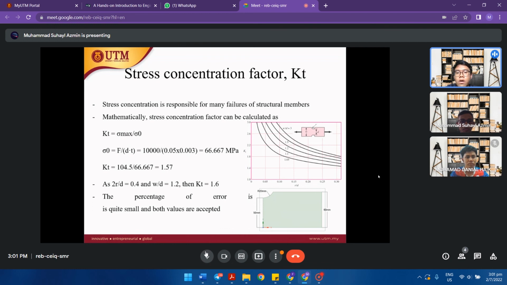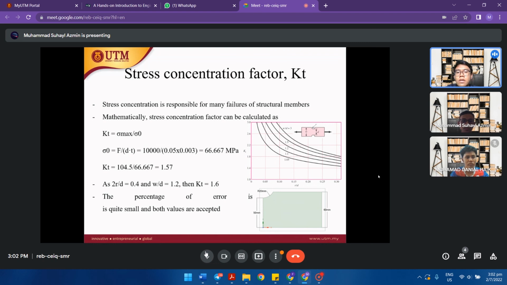From ANSYS, the maximum stress obtained is 104.5 megapascal as shown in the figure, and the average normal stress acting at the cross section is 66.667 megapascal. Therefore, the stress concentration is 1.57.